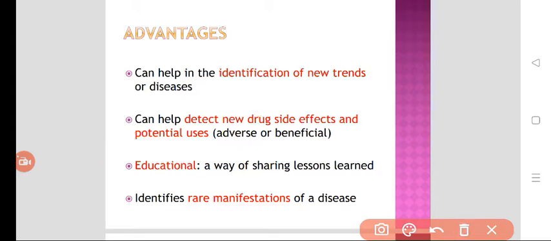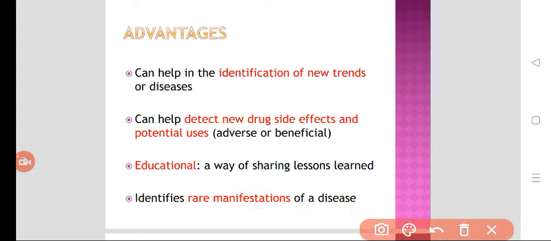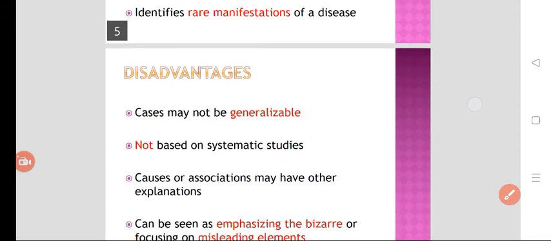It is an educational way of sharing lessons learned; whatever you have experienced you can report to others, so it's an educational tool. It will identify rare manifestations of a disease.